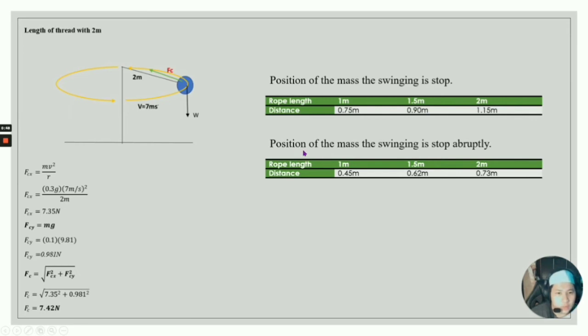The position of the mass when the swinging is stopped absolutely is, for 1 meter, a distance of 0.45 meter, for length 1.5 meter a distance of 0.62 meter, and for length 2 meter a distance of 0.73 meter.